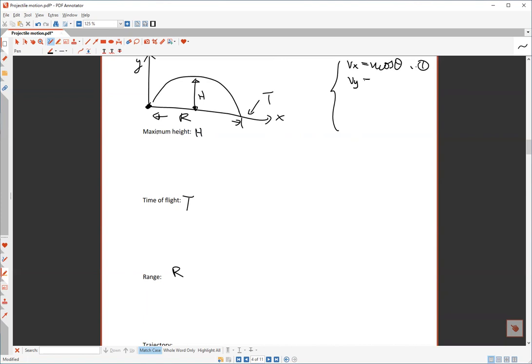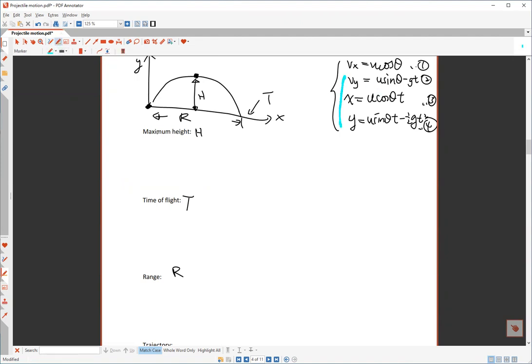Similarly, the first one is useless. It just tells you that it's a constant. But you see that the other three equations depend on the time.